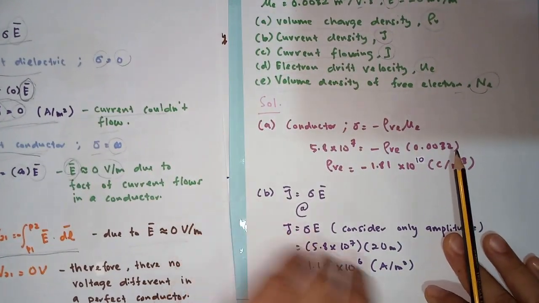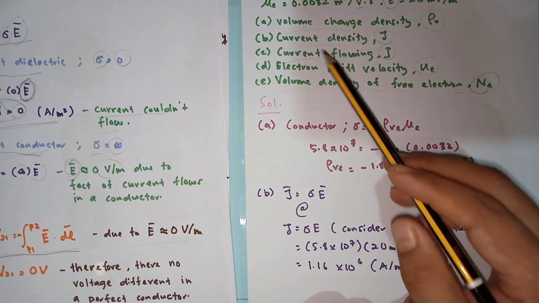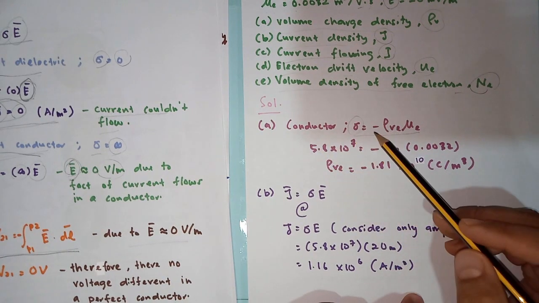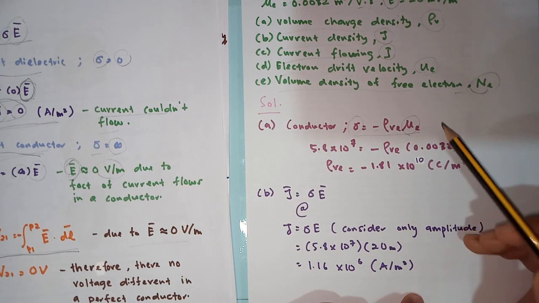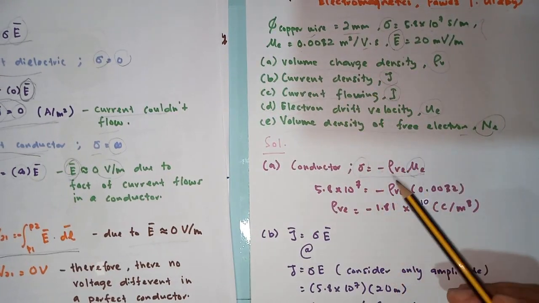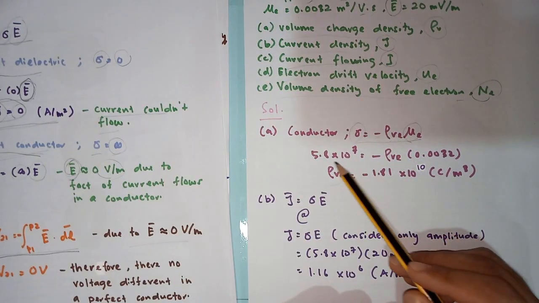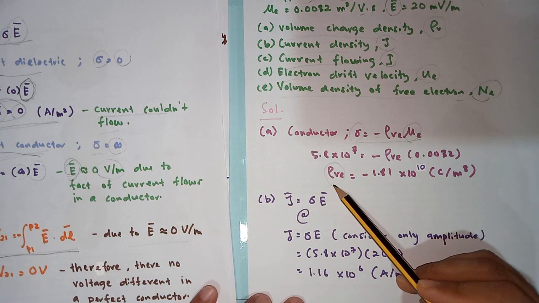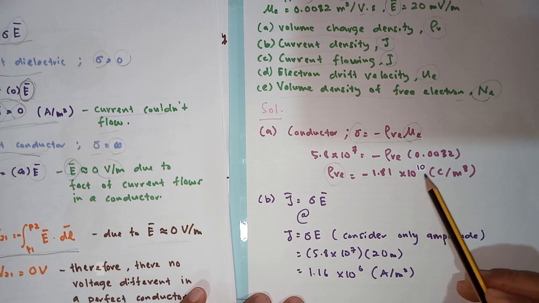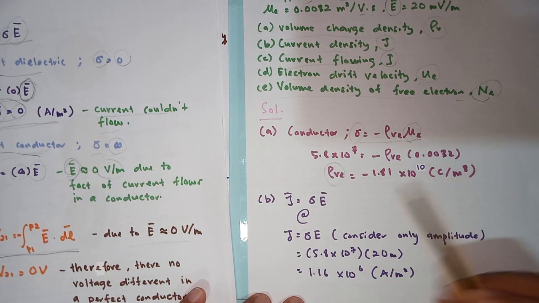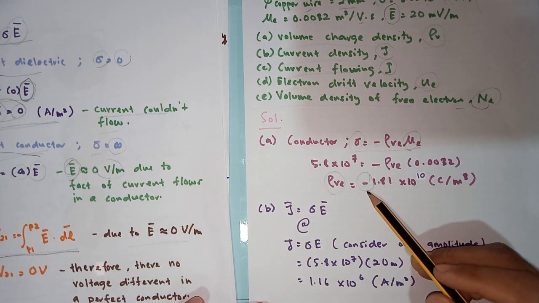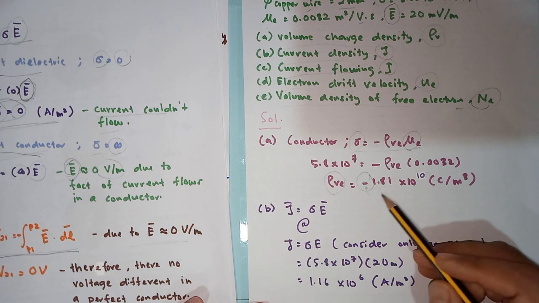In order to solve it, first for question A, we use the expression where sigma is equal to minus rho VE multiplied by mu E. By replacing all the values that have been given in this equation, we find the volume charge density in this case is equal to minus 1.81 times 10 to the power of 10 coulomb per meter cube. This minus represents that our charge here is the electron, which has a value of negative Q.